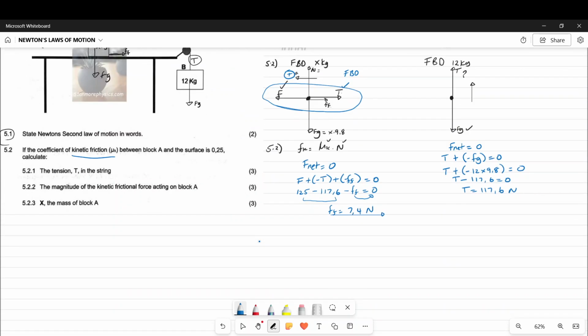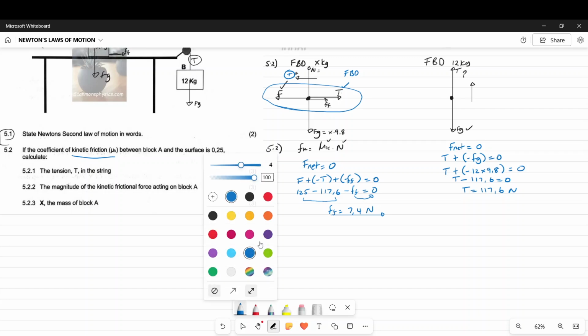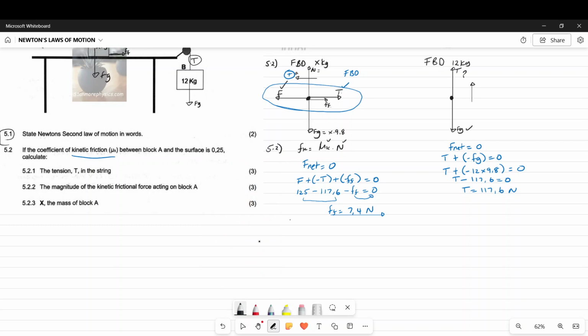So now 5.2.2, right? So now 5.2.2 says that the magnitude of the kinetic frictional force acting on block A, right? Okay. Oh, they wanted the tension. So I'll answer two questions over here. Okay, so this was 5.2.1, right?